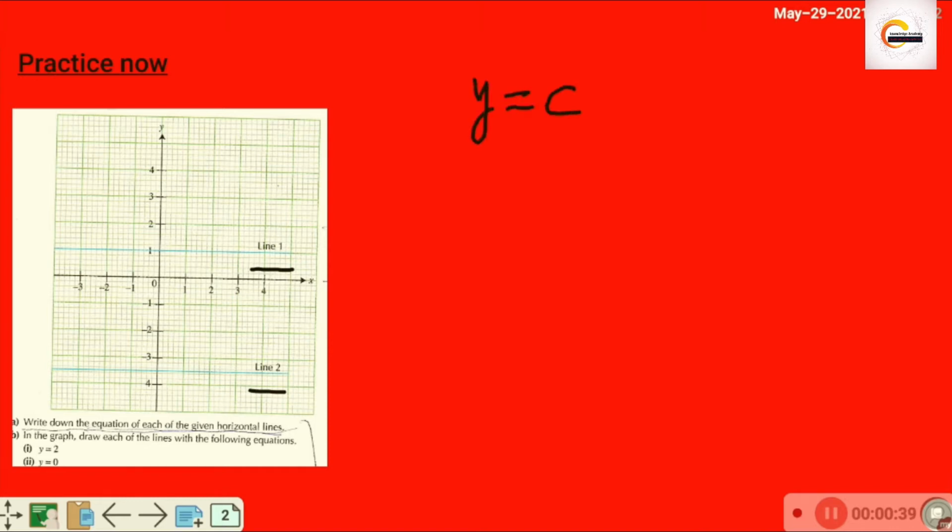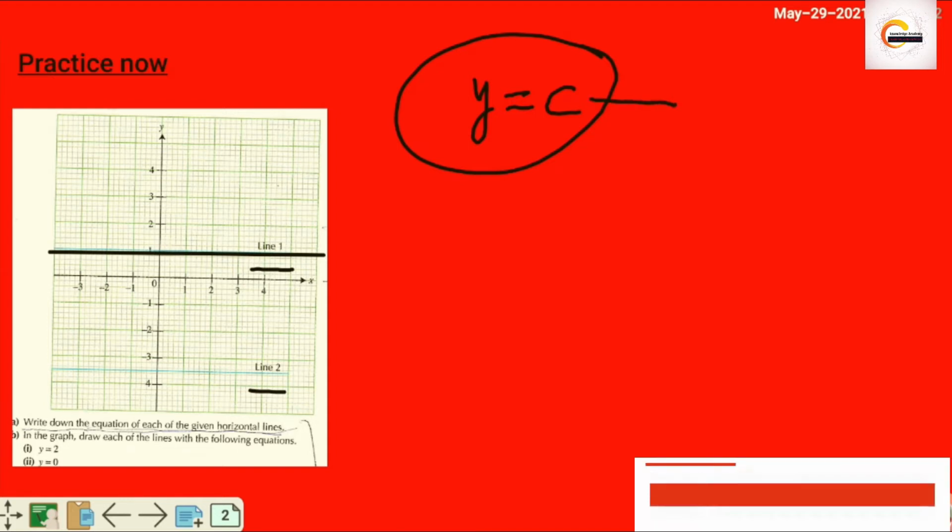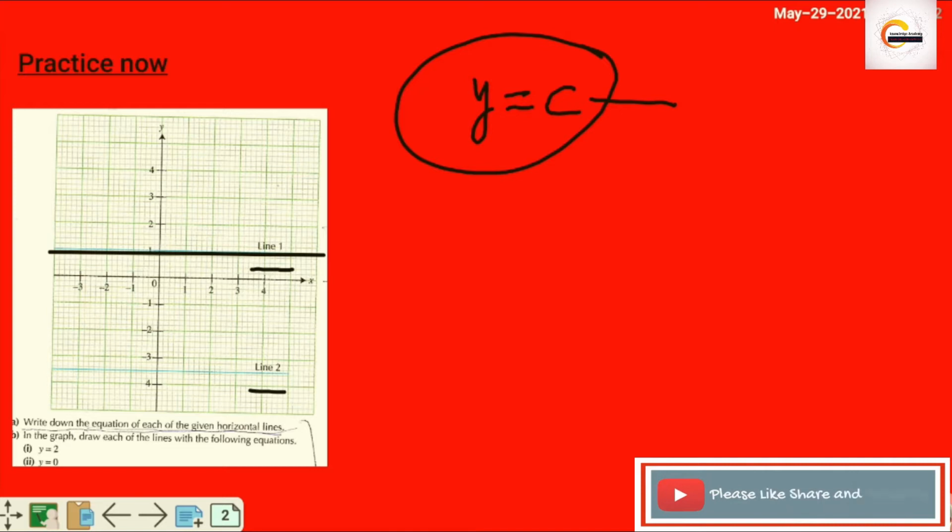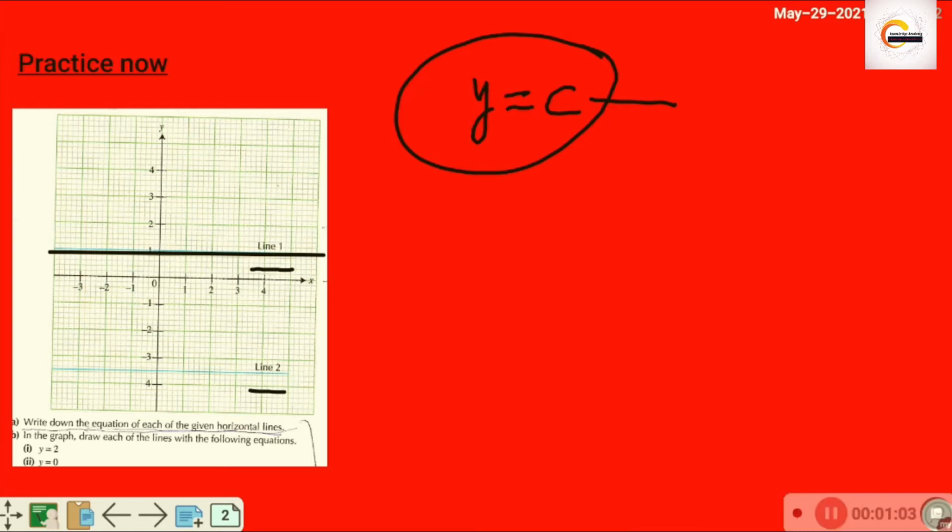Now we have to see at which point each horizontal line cuts the y-axis, because c is the y-intercept. All we have to know for this equation is the value of c. As we can see, the y-intercept here is 1.